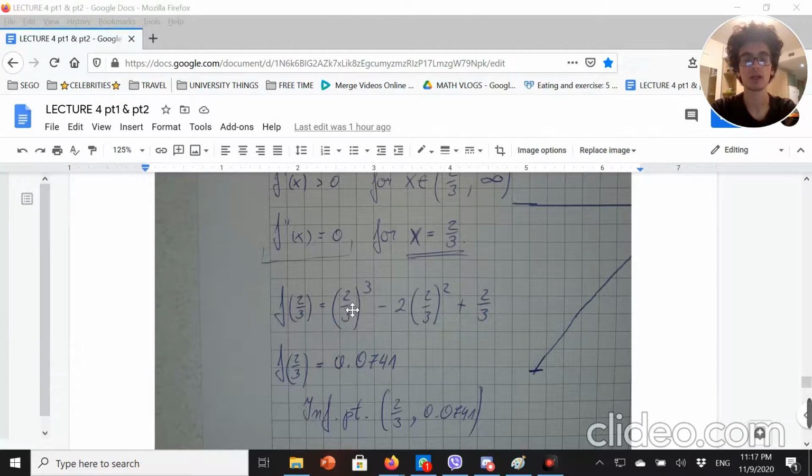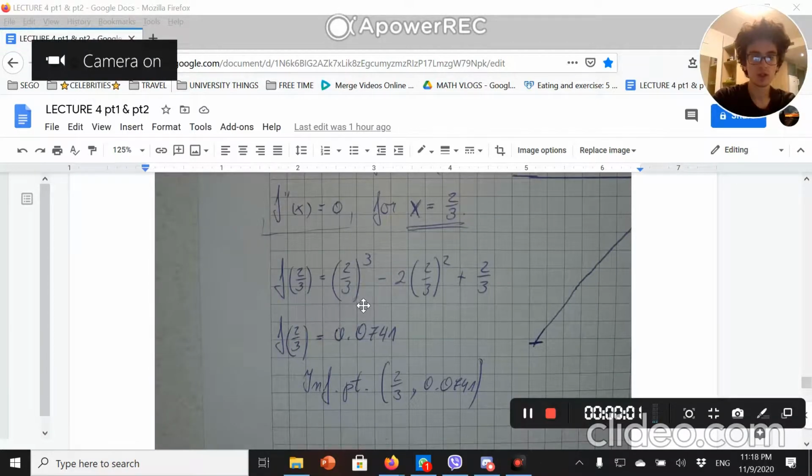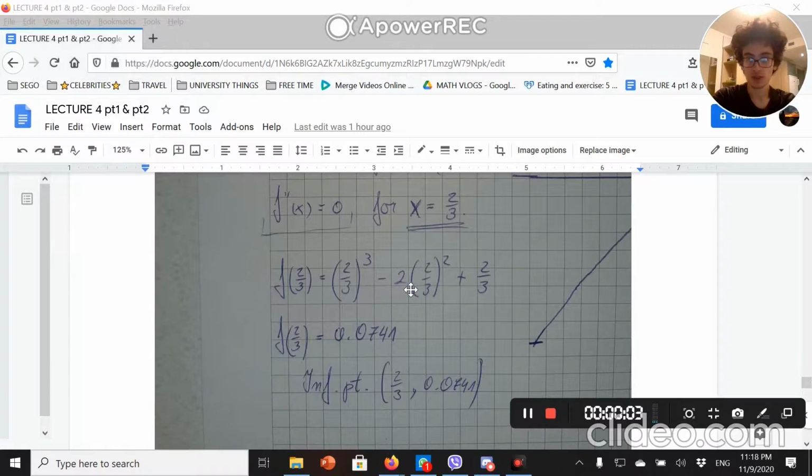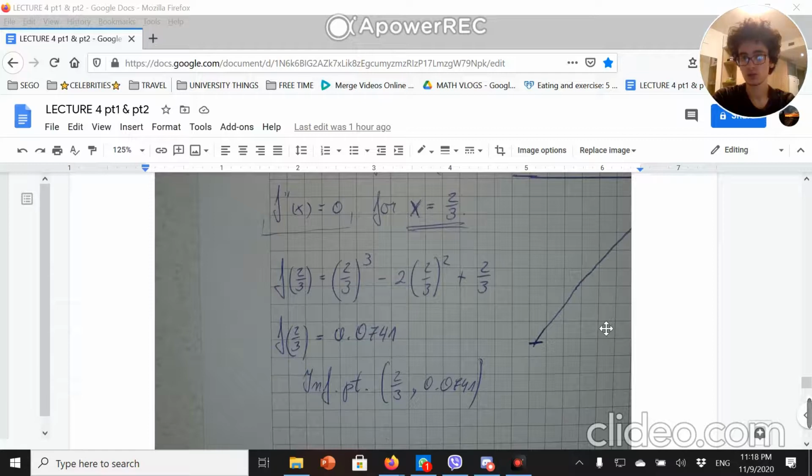It would look like 2 over 3 to the power of 3 minus 2 times 2 over 3 to the power of 2 plus 2 over 3. When we put it in the calculator, it gives us a value of 0.0741, which means that the coordinates of our inflection point are 2 over 3 for x and 0.0741 for y.